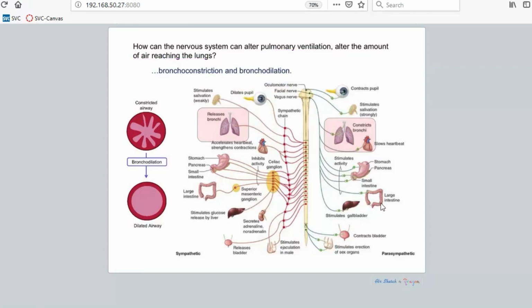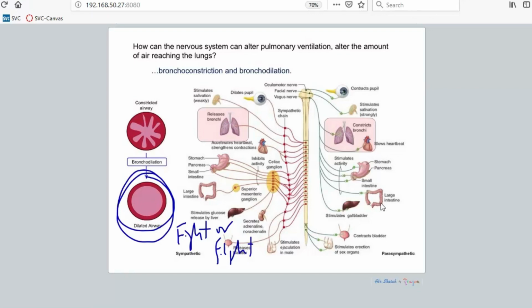Now, what about dilating the airway, bronchodilation? When do we want to do that? How about during fight or flight, the sympathetic response? Okay, we want more air moving into and out of the lungs because we need to exchange the gases there.